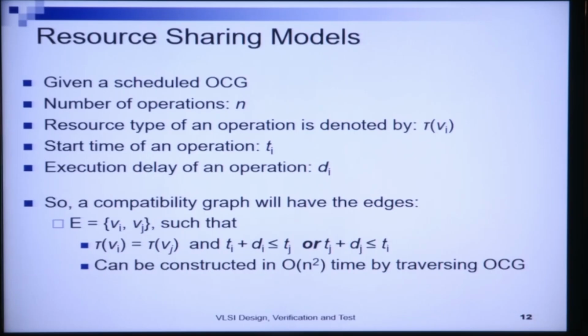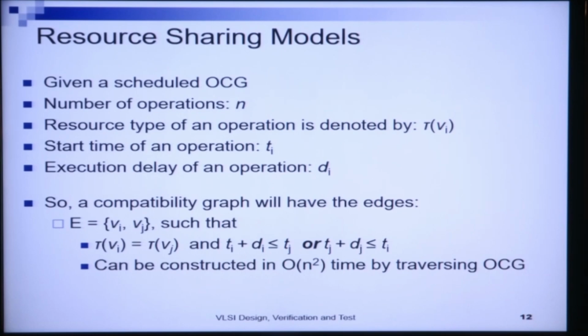The second constraint tells me that if Tj is scheduled later than Ti, then Tj must be scheduled at least Di time steps later than Ti starts. So, Tj start time must be at least Di time steps after Ti.